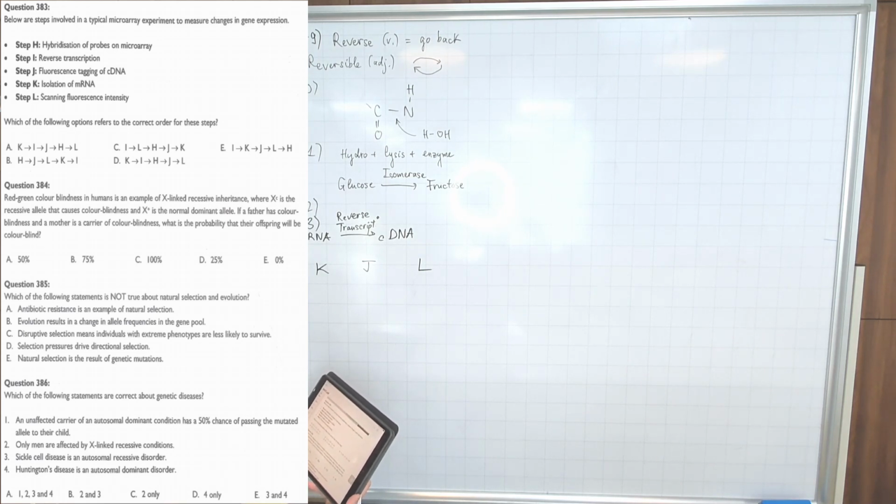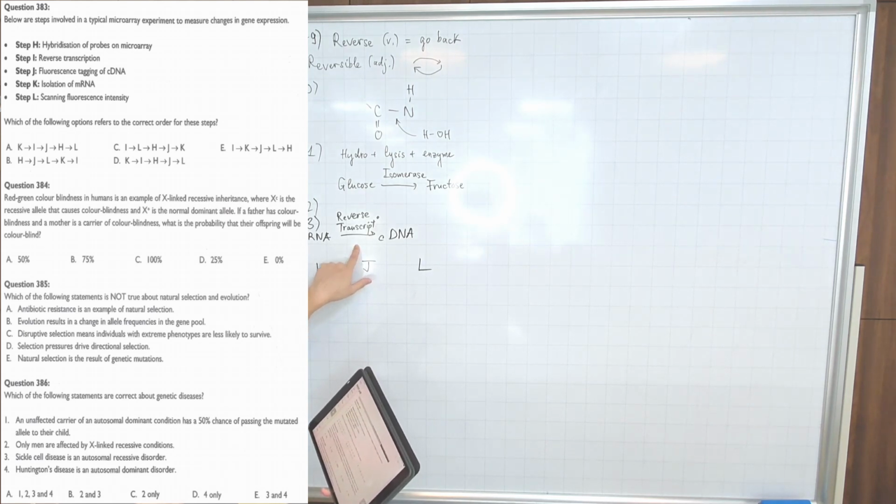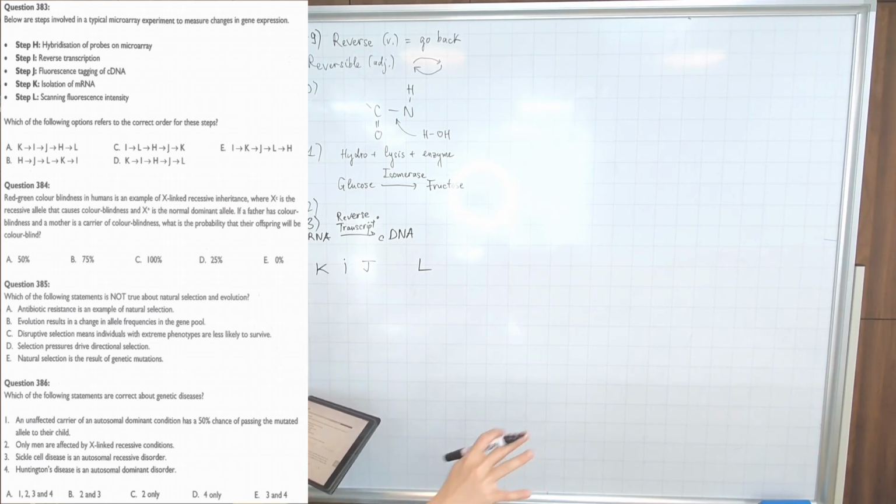Okay, so let's look at reverse transcription, okay? You have to isolate messenger RNA before reverse transcription happens, right? Mình phải cô lập nó trước rồi mới reverse transcription được. So it means K and then I, right? So E is out. Cho nên còn cái A với D thôi. So you have only A and D left.